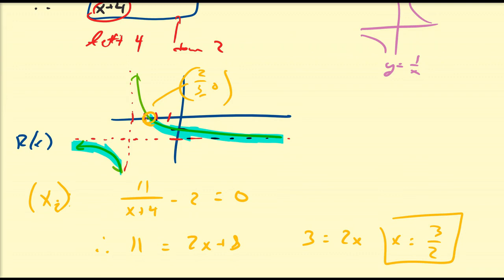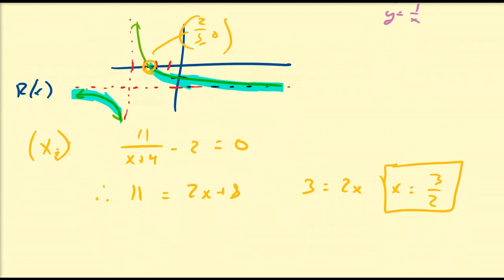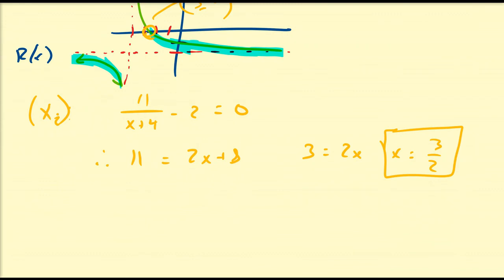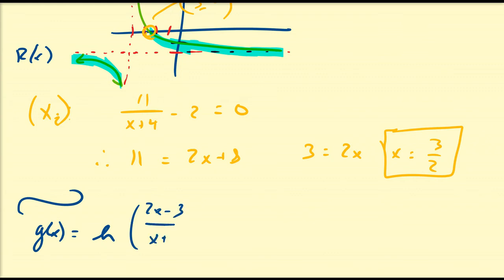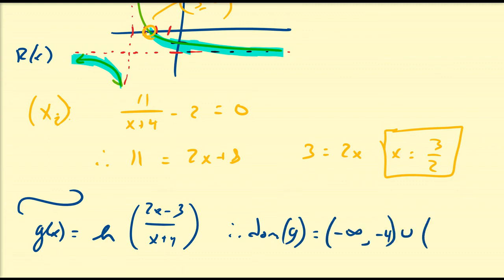Which is interesting, and you can think about why that domain that we quickly pointed to is associated with this domain that we have obtained from our rational function analysis. So therefore, if g of x is equal to the natural log of 2x minus 3 over x plus 4, then the domain of g is going to be equal to minus infinity to minus 4 union 3/2 to infinity.